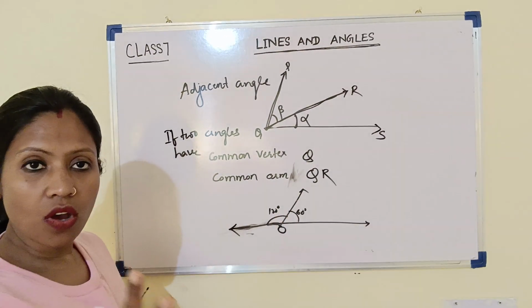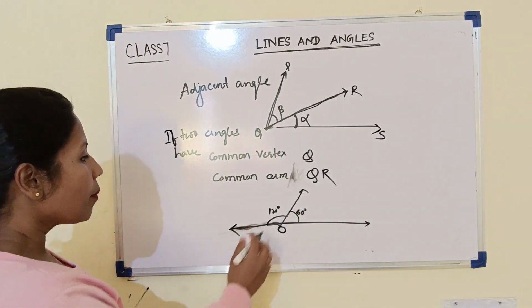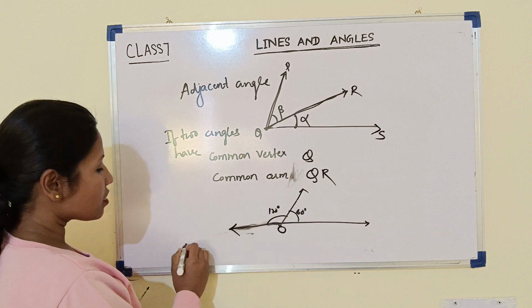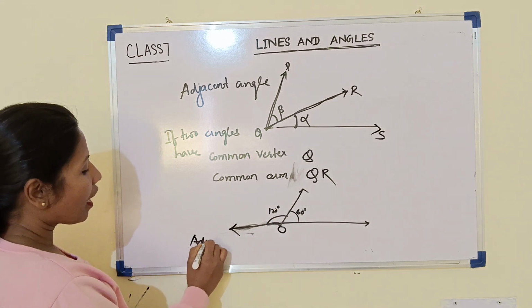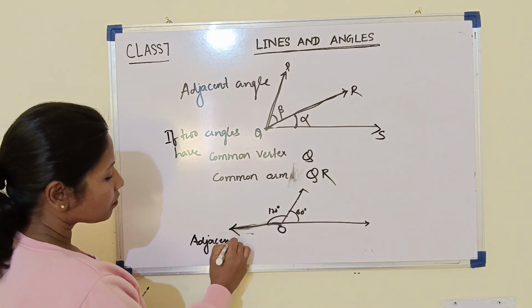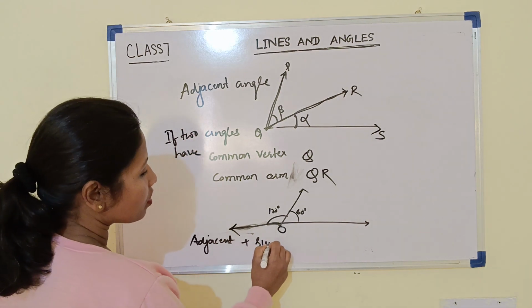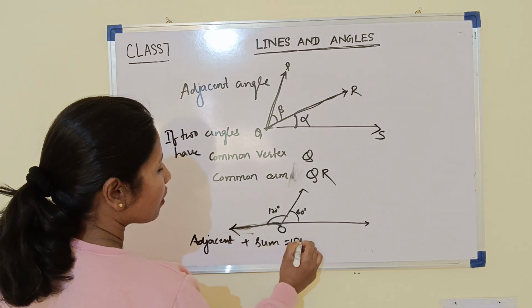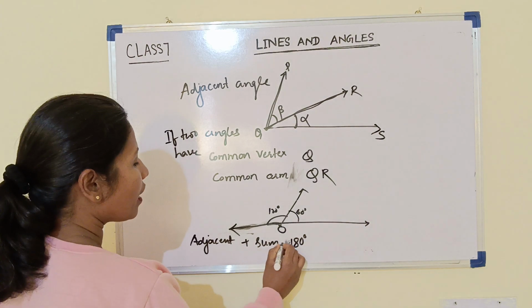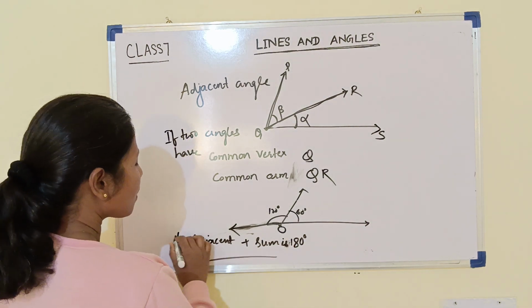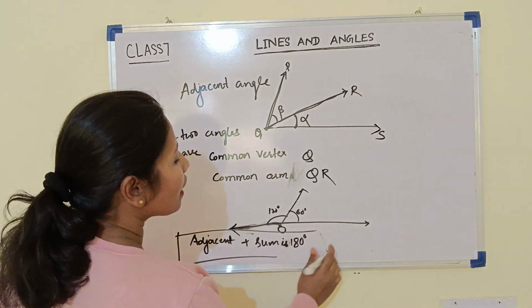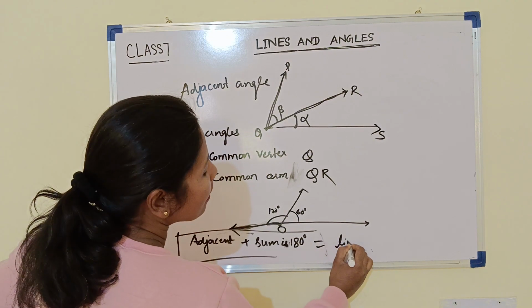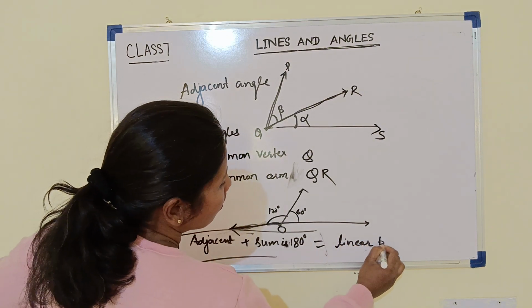These two angles are adjacent and their sum is how much? 180 degree, right? The sum is 180 degree. This is called linear pair.